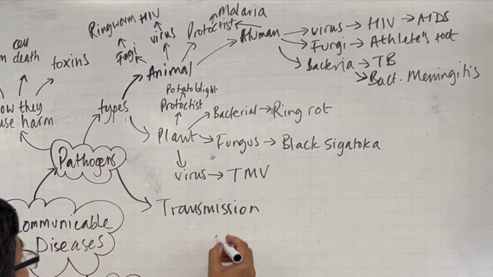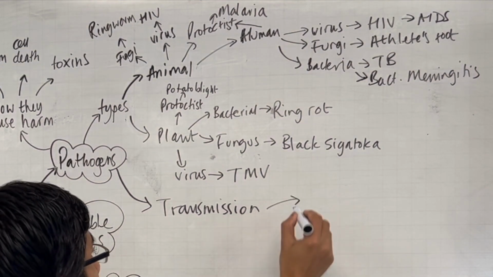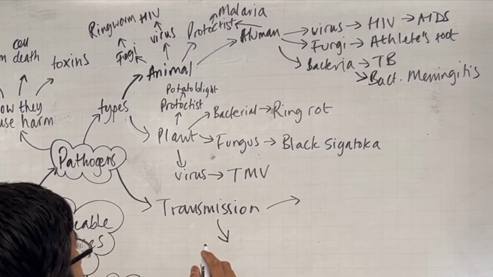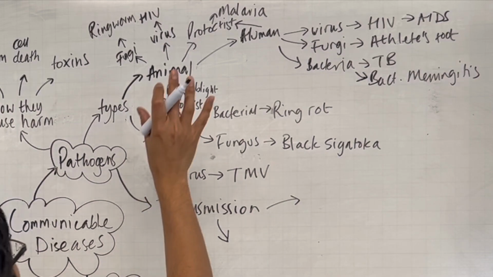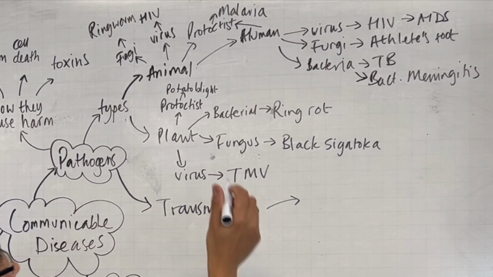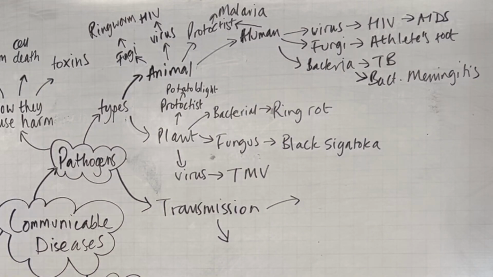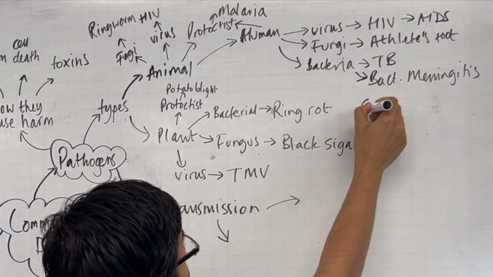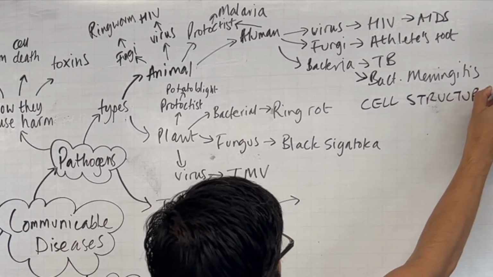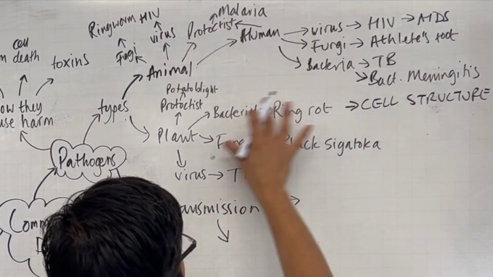Okay, so in terms of transmission, what I would point you to is, and look here, before we go any further, with the pathogens is an ideal opportunity for examiners to test your understanding of 2 things. One, cell structure. Okay, so I'm just going to make a note here. There's other topics that this connects to.